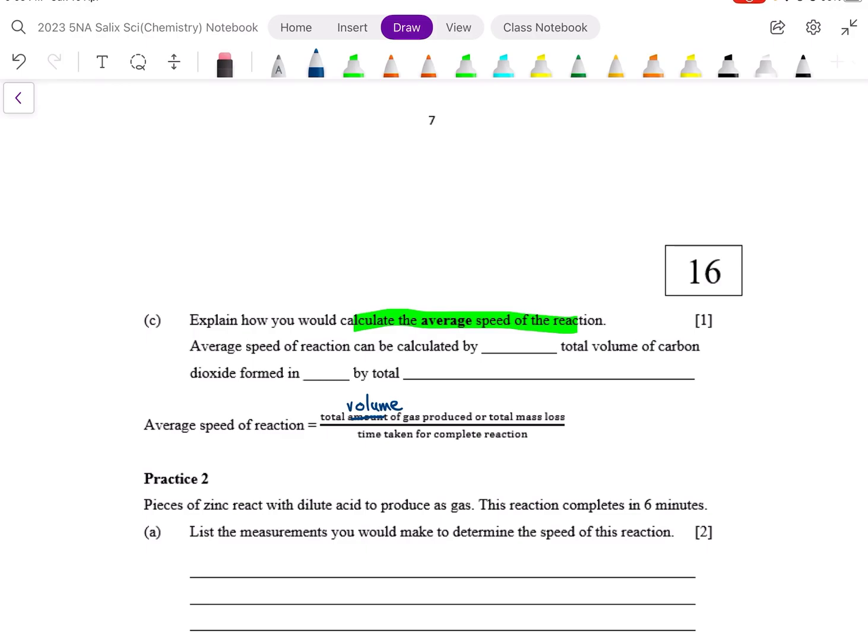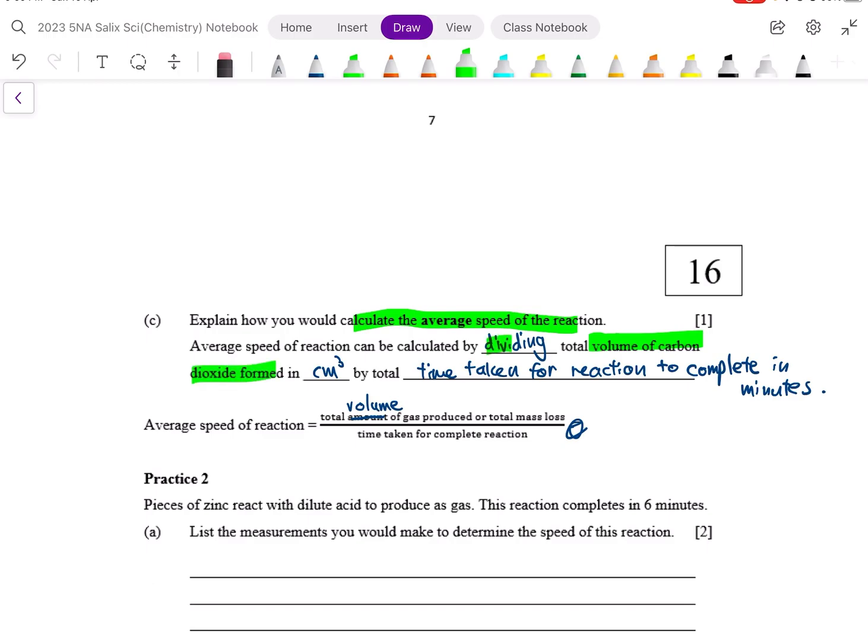So average speed can be calculated by dividing the total volume of carbon dioxide formed in centimeters cube by the total time taken for reaction to complete, in minutes. You have to write this equation out in a sentence: total volume of carbon dioxide gas divided by the time taken for reaction to complete.